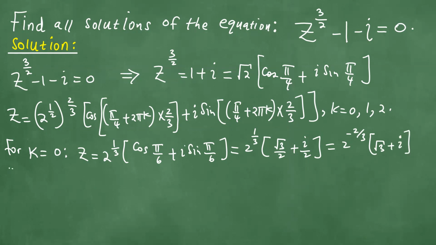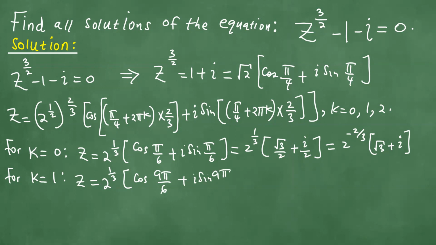Now for k equals 1, z is 2 to the power 1 over 3 times cosine of. Right, if you put k equals 1, then this becomes exactly 9 pi over 6 plus i, the trigonometric sine of 9 pi over 6.